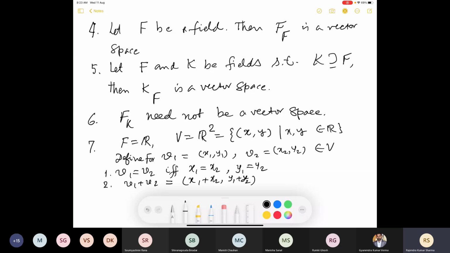And the third thing that you need to define is the scalar multiplication: alpha V1 as alpha X1, alpha Y1, for all alpha in F, and F is here R. Now you can verify that this V becomes a vector space over F. So R2 is a vector space over R.